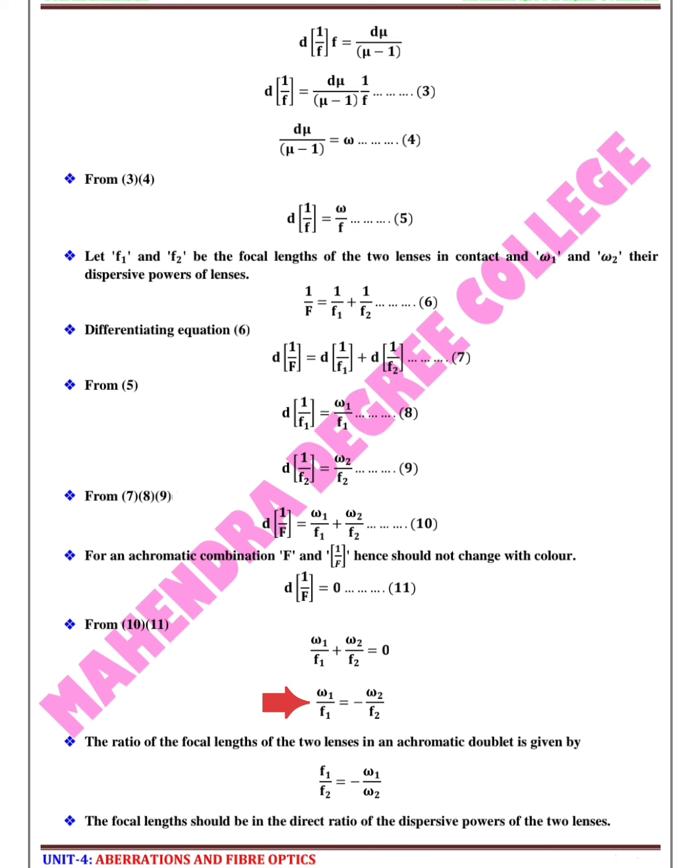We get omega 1 by f1 equals minus omega 2 by f2. This equation can be rearranged to express the ratio of the focal lengths of the two lenses.